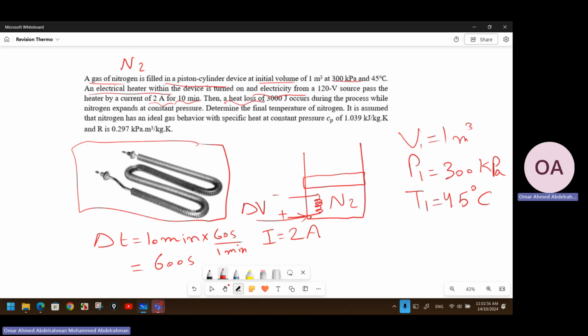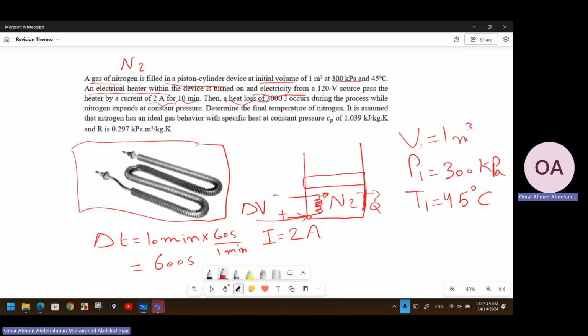Then a heat loss of 3000 joule occurs during the process. Okay, he means by 3000 joule from the nitrogen, because now there is heat from the electrical heater to the nitrogen, but this heat will then be released through the boundary of the cylinder by conduction out of the cylinder.